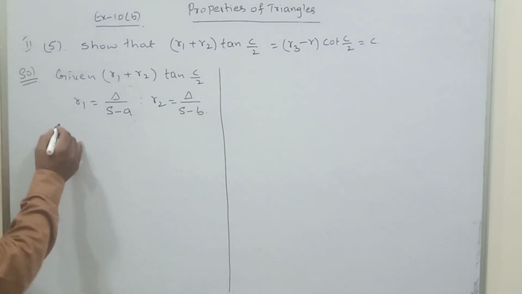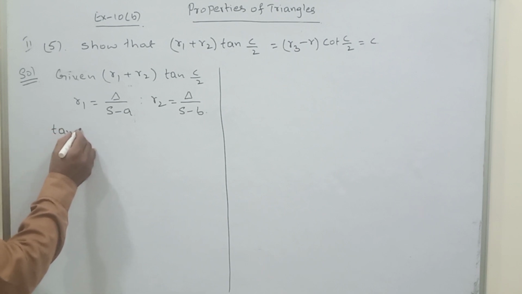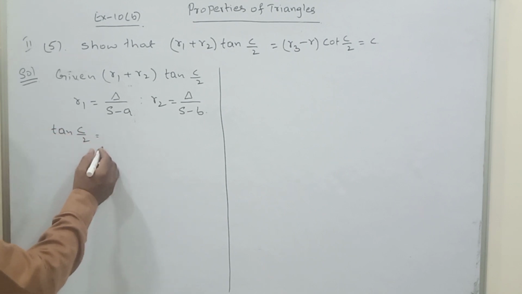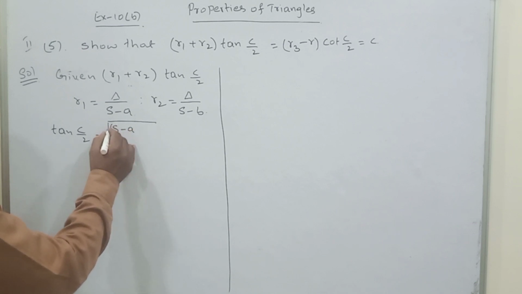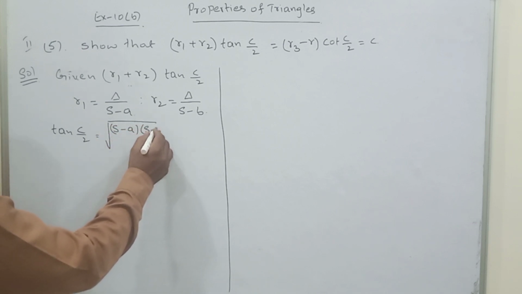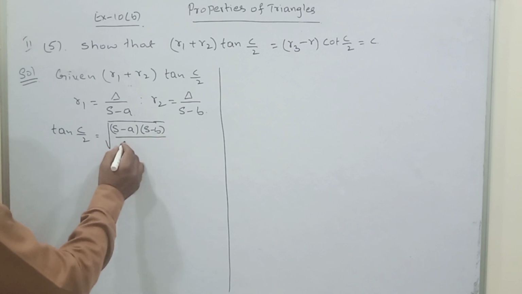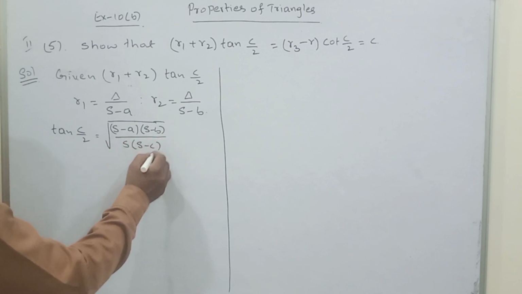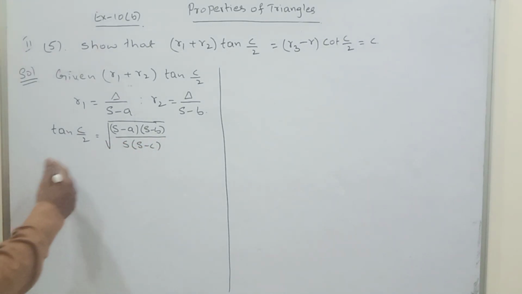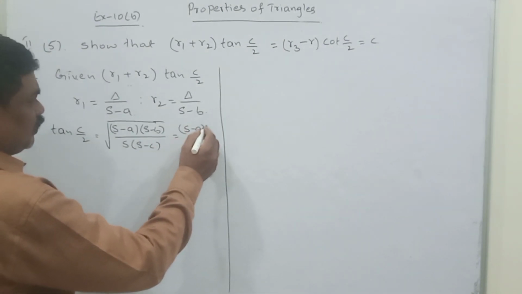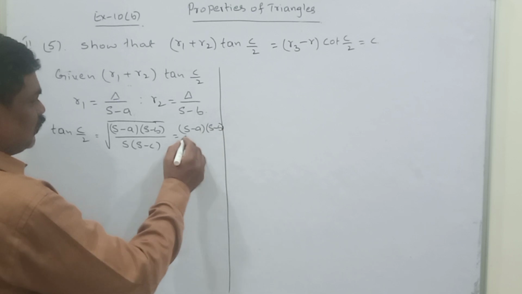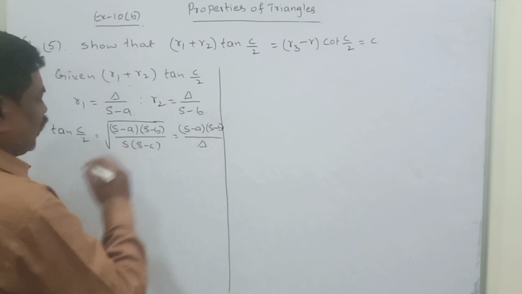And what is tan C by 2? Tan C by 2 is equal to root over S minus A, S minus B by S into S minus C, or you can write S minus A, S minus B by delta.